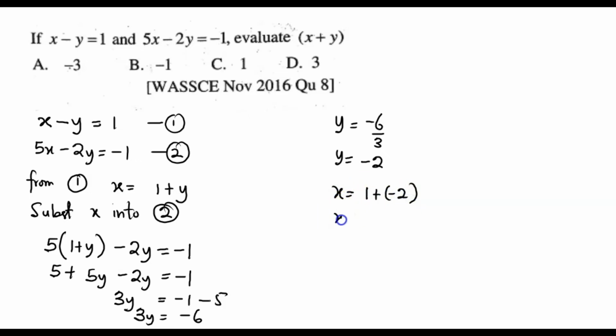When we simplify, x will be equal to -1. So evaluating x plus y from the question, we have -1 plus -2, and that gives us an answer of -3. Therefore, the solution is possible answer A.